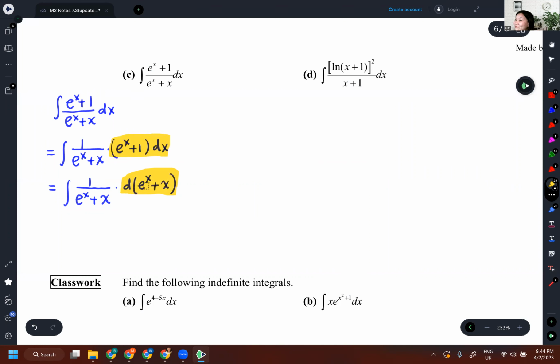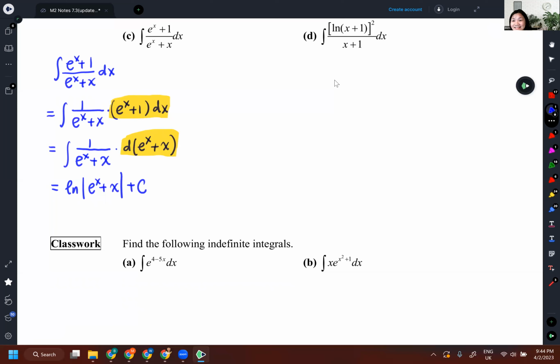Right? The derivative of e^x is e^x, and of x is 1. It's integration, I put it in backwards. Okay. Right? I think so.